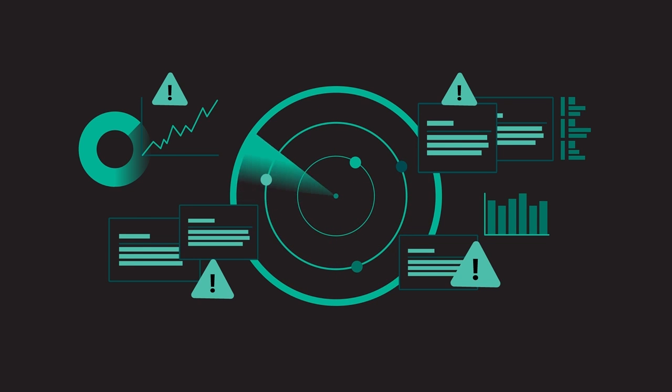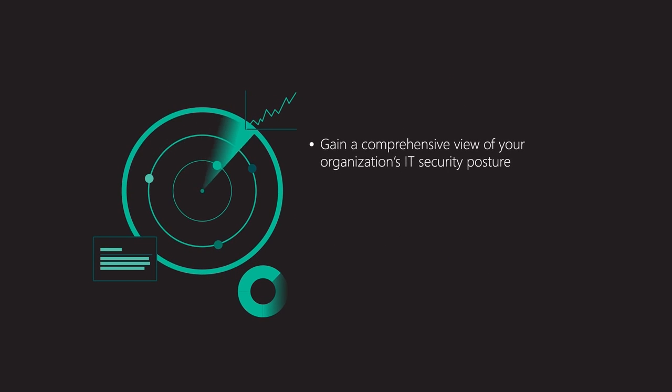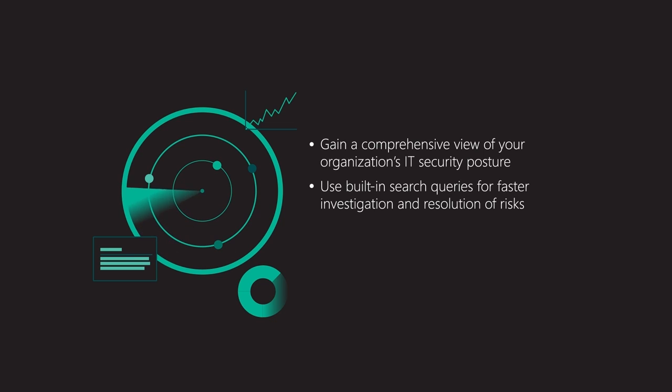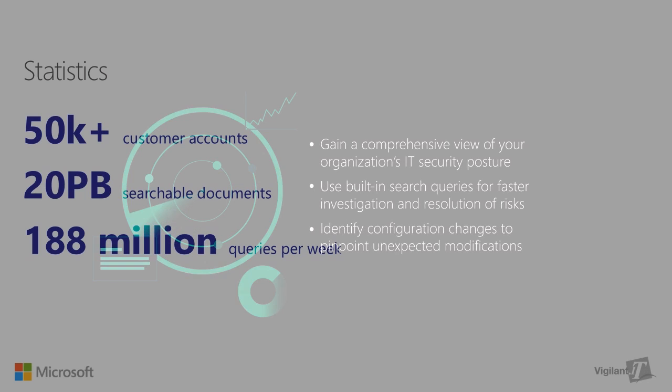Security and compliance is a unique service in OMS that provides many benefits, including gaining a comprehensive view of your organization's IT security posture, using built-in search queries for faster investigation and resolution of risks, and identifying configuration changes to pinpoint unexpected modifications.